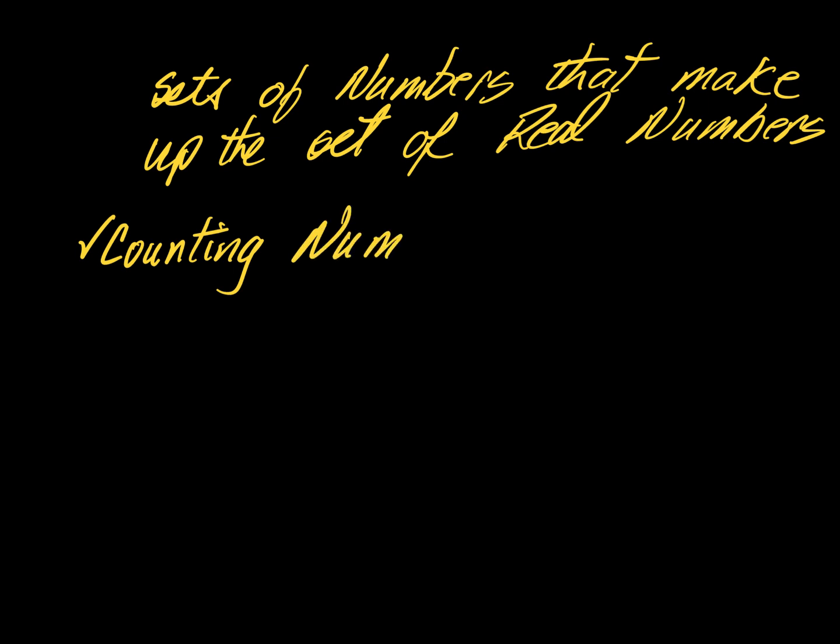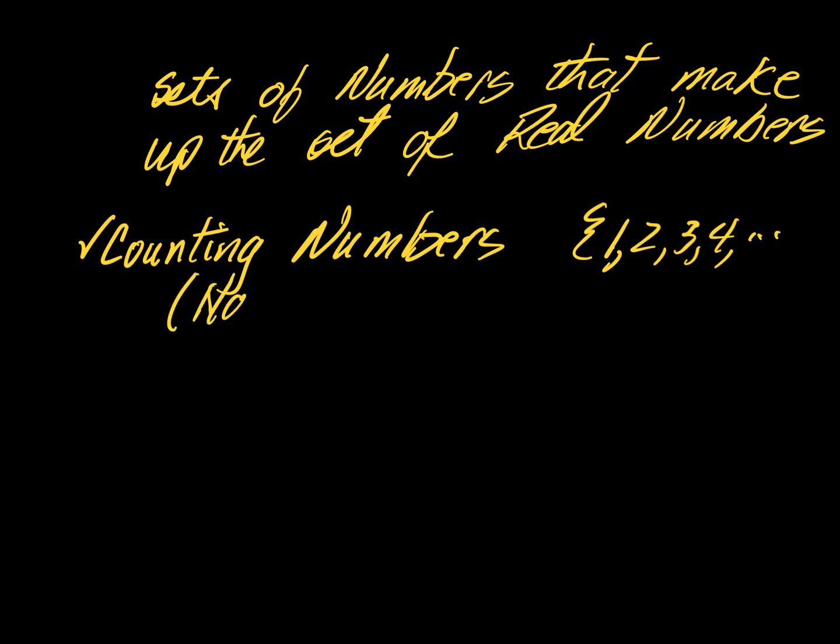The counting numbers started with the number 1, and then we would add 1 each time, 2, 3, 4, etc. They actually have a more mathematical name, the natural numbers. Sometimes people call them the natural counting numbers.